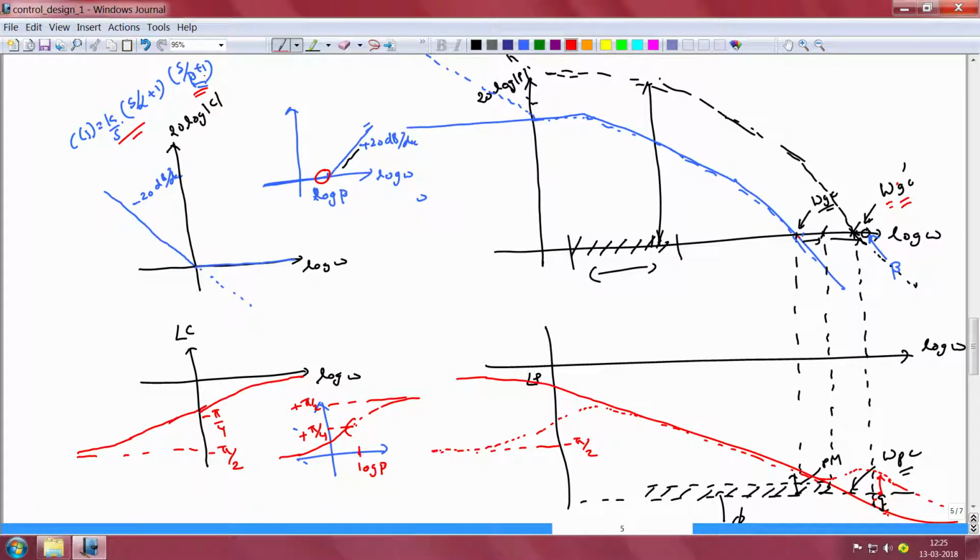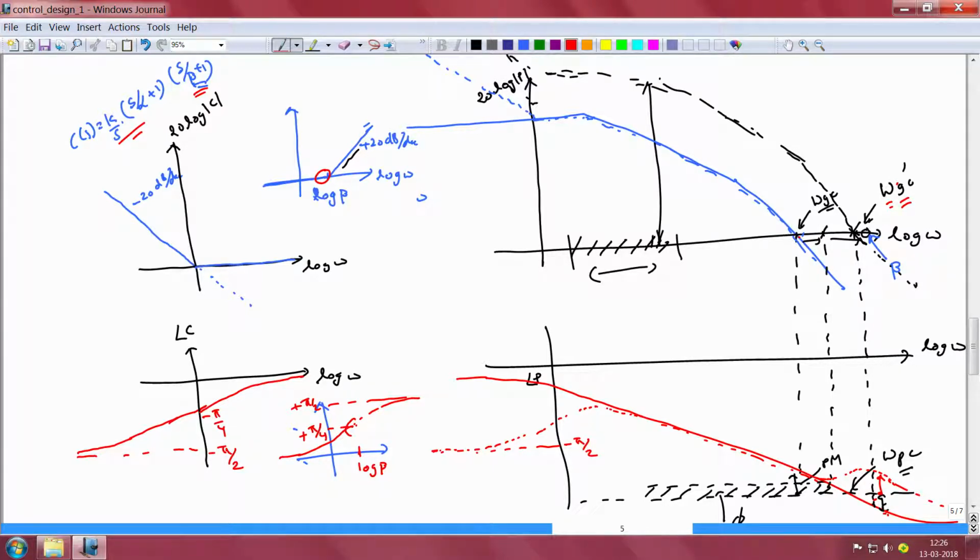Therefore, the role of this term s by beta plus 1 in this game is very clear. We chose to locate the 0 beta in the vicinity of the gain crossover frequency, which qualifies as the high frequency range for our closed loop system because the gain crossover frequency marks the bandwidth of our closed loop system.